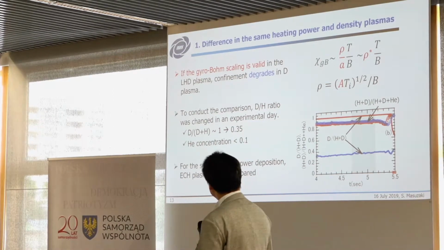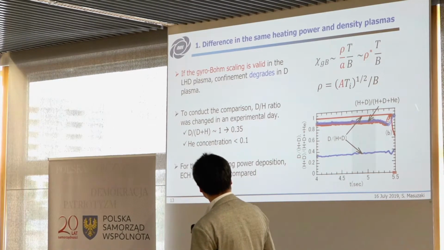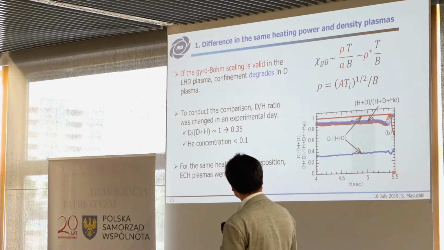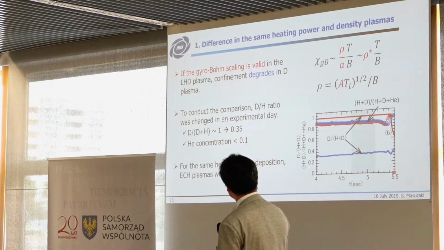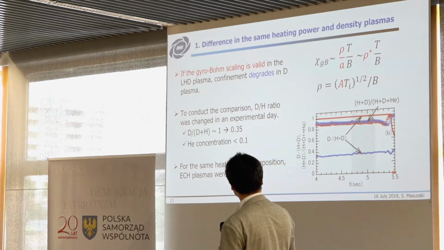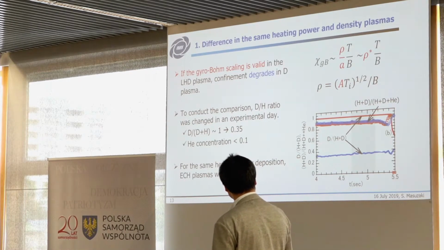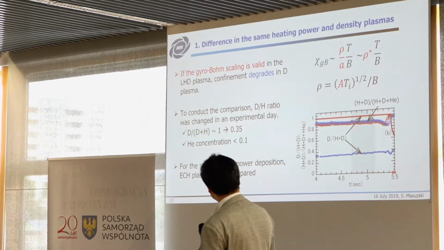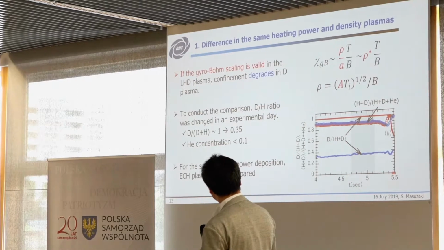This graph shows the time evolution of the deuterium hydrogen ratio, for the beginning and the end of the experimental day. At the beginning the ratio is almost 1, and at the end of the day the ratio becomes 0.35. I also show the ratio of helium.